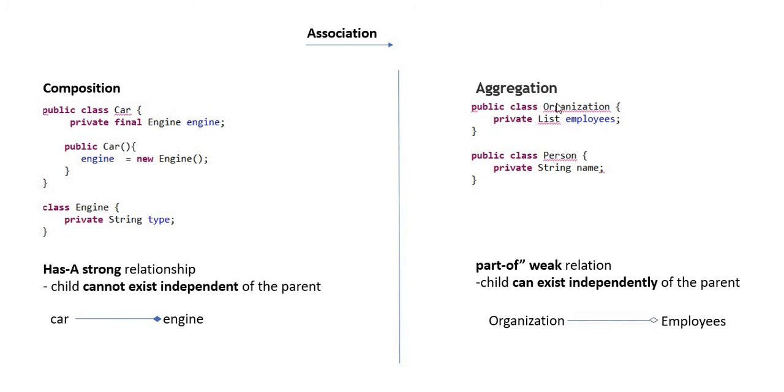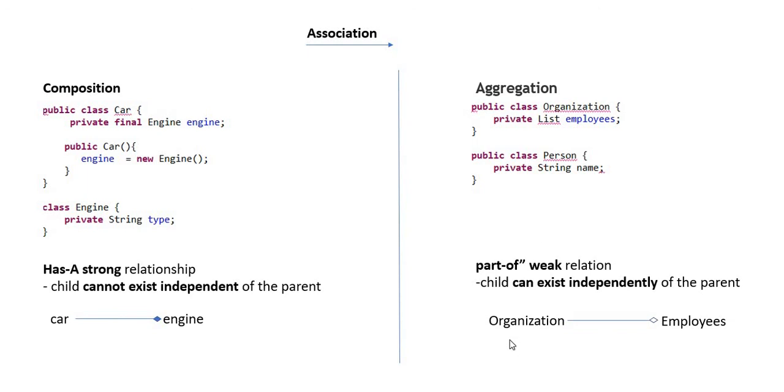So we call it a part-of relationship. So employees are a part of the organization, right? That's nothing but aggregation. The child can exist independently of the parent, right? So the organization can be there without this particular person. So that is nothing but aggregation.